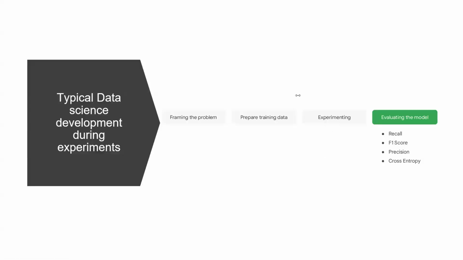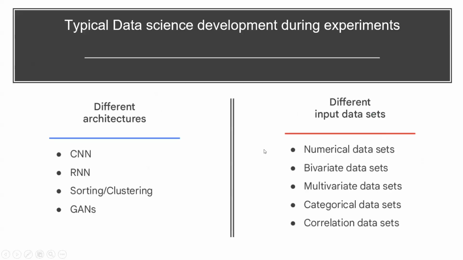Then evaluating the model. Typical data science has different architectures, different CNNs. Yesterday we discussed that whenever you have unstructured data or structured data, you are going to choose different models. Then you have different architectures, CNNs, RNNs.